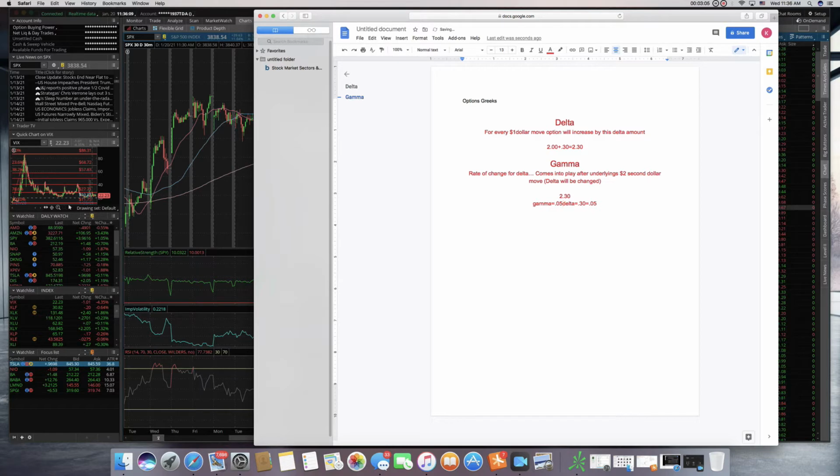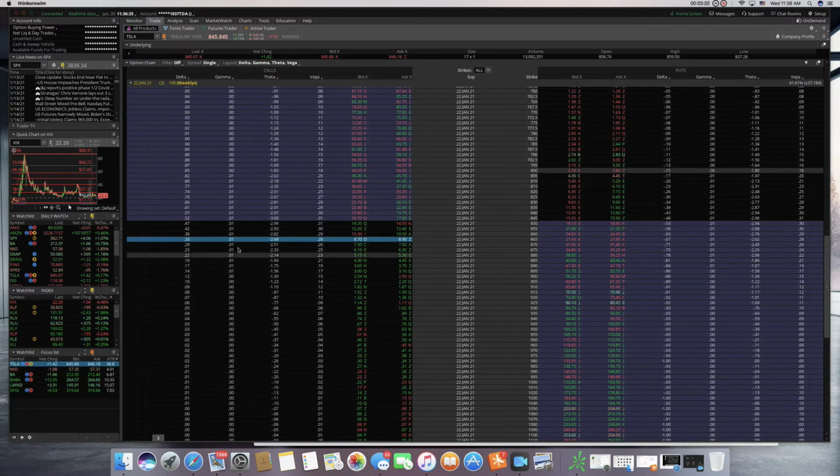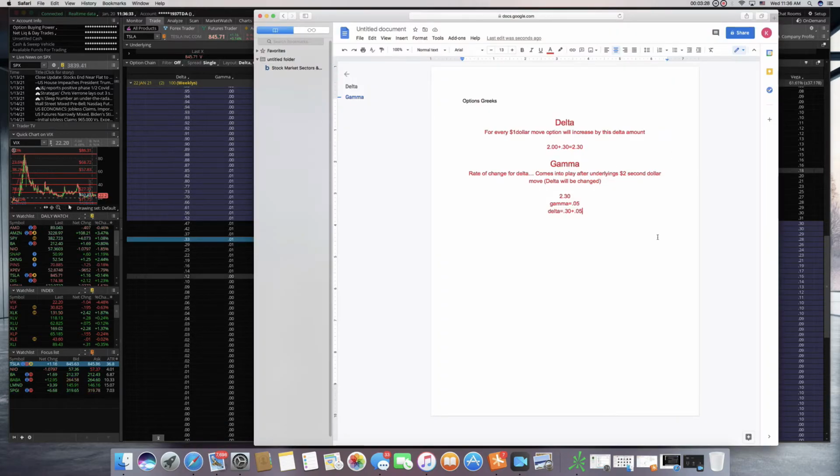Let's do that one more time. So the delta is going to be 0.30 plus 0.05. This gamma is usually on the option chain. You're going to see something like this. That's where the gamma is located. So let's say that the gamma is 0.05.